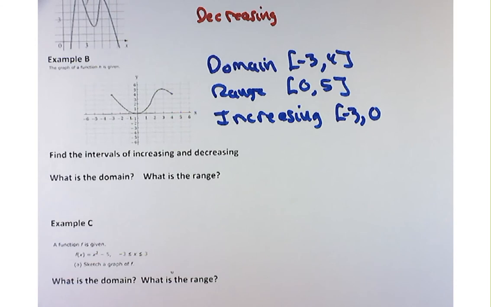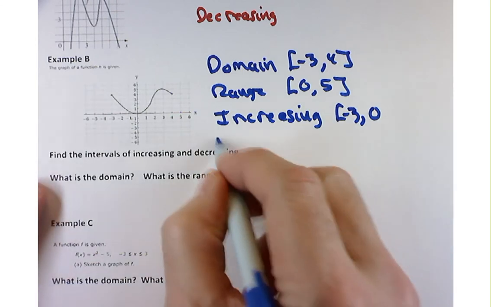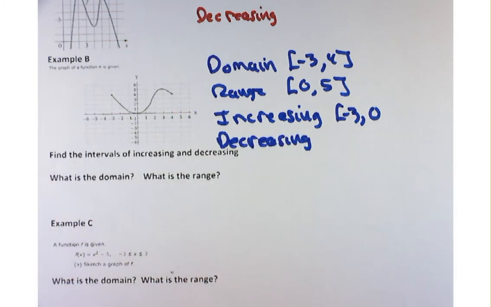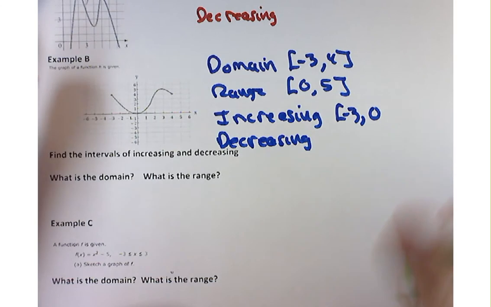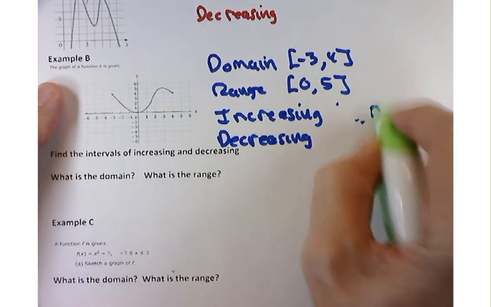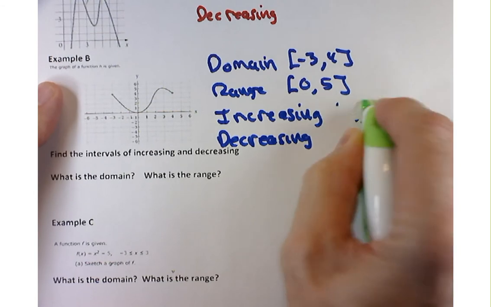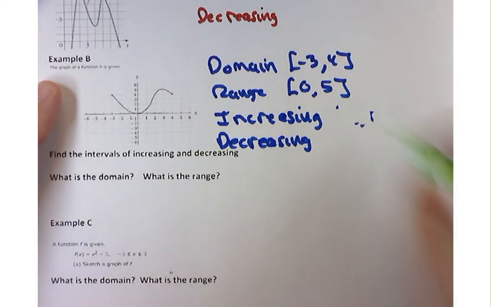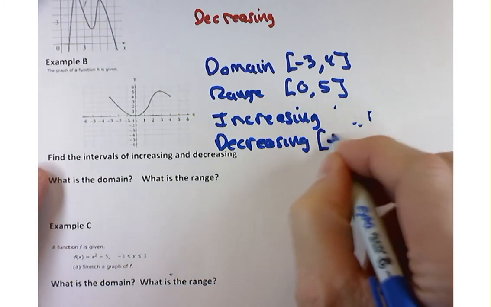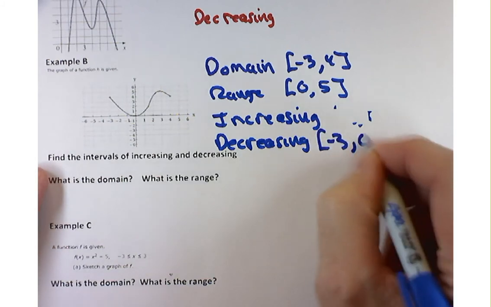But let's be careful at 0. Oh, excuse me, decreasing. Yeah, decreasing. Thank you. But let's be careful in another sense, not just the fact that I put it in the wrong spot. And thank you. But let's be careful about the bracket or parenthesis, negative 3 to 0.